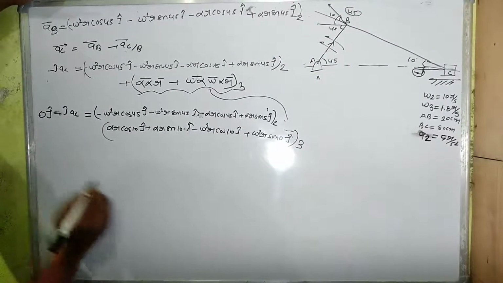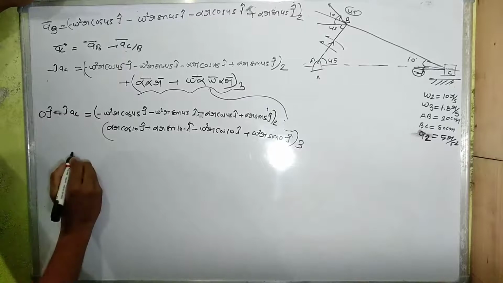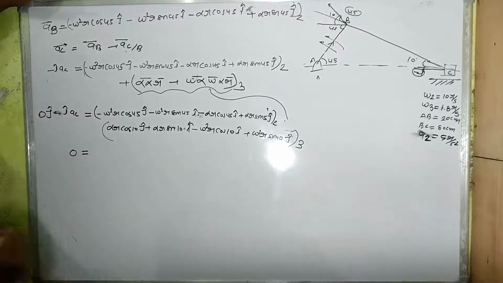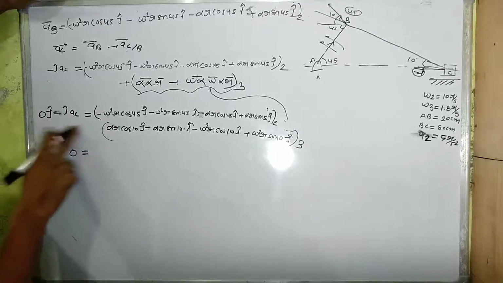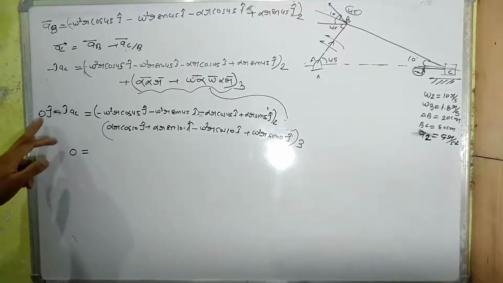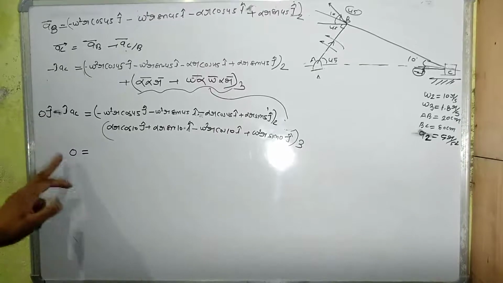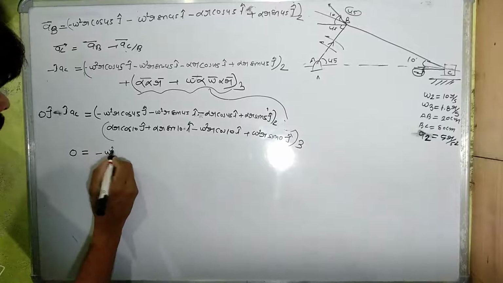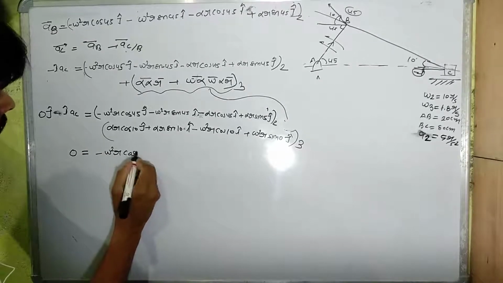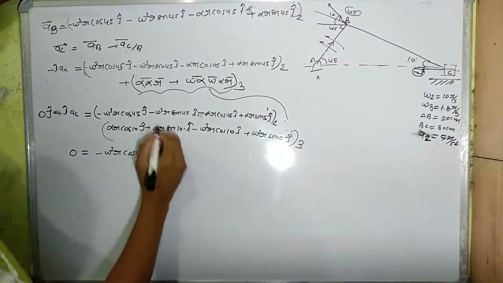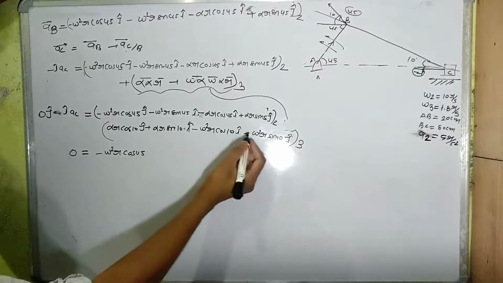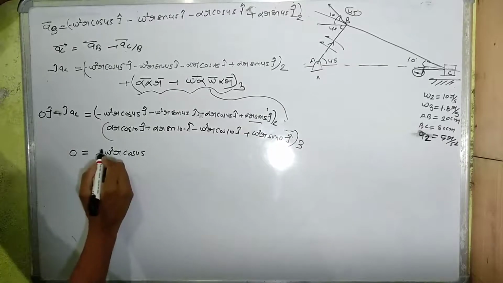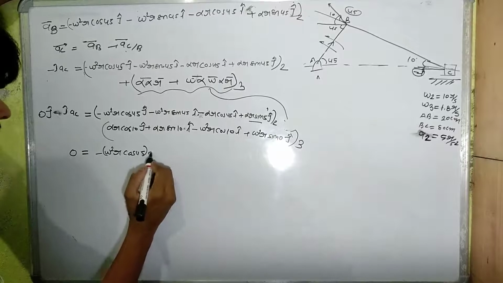So look at here, how can you do this? Look at 0, you have to get the j cap coefficient. So j cap coefficient is here 0 and j cap coefficient is here minus omega square r cos 45, and this is for link 2.